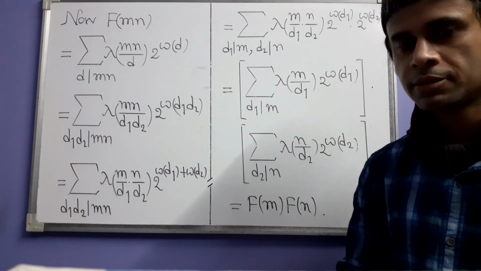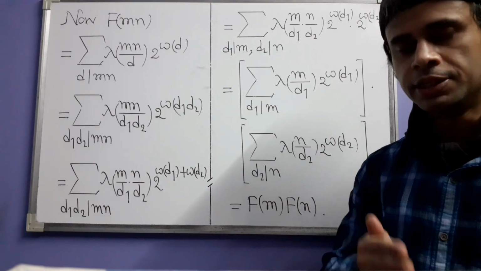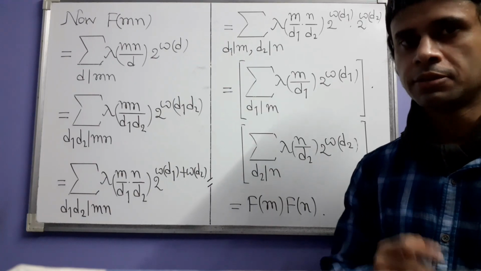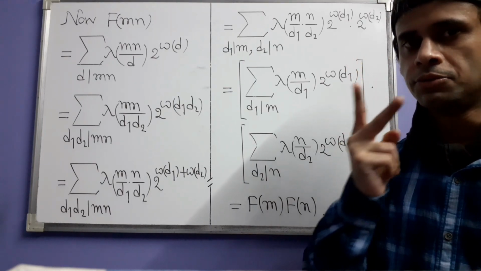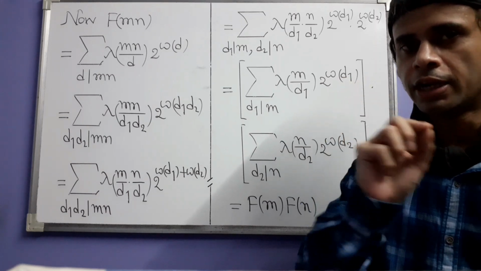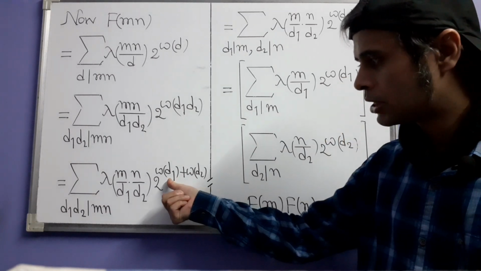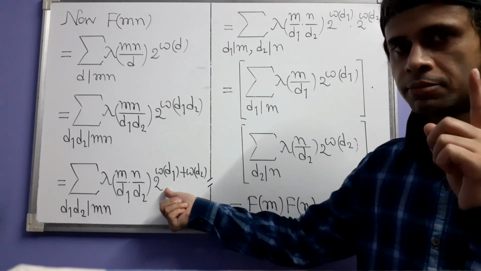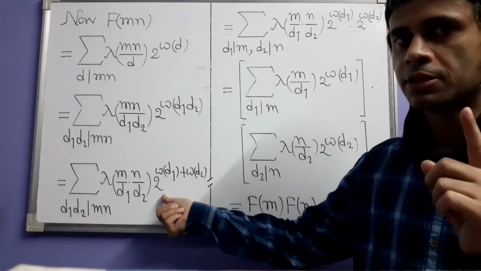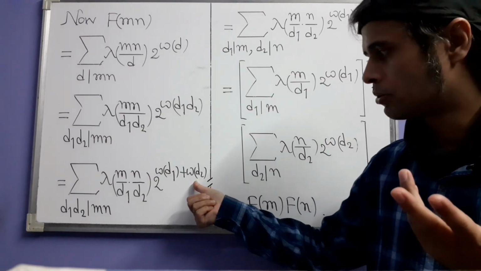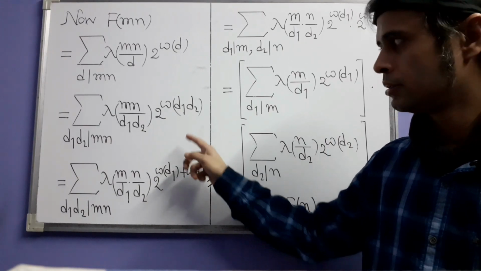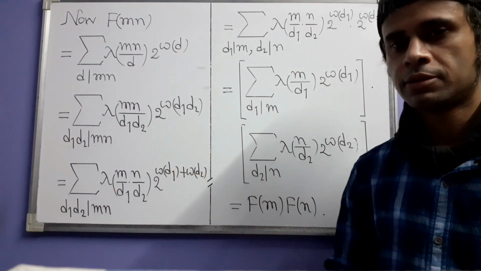Omega of 6, the number of distinct prime divisors of 6, which is 2. There are two distinct prime divisors of 6, 2 and 3. What is omega of 2? 1, because 2 has only one prime divisor, which is itself. Similarly, omega of 3 is also 1. 2 is equal to 1 plus 1.